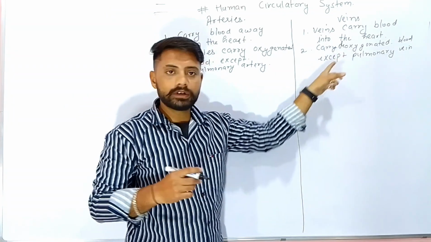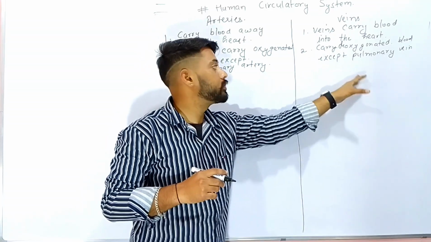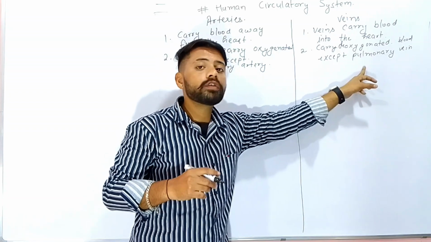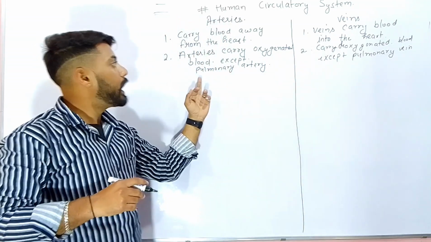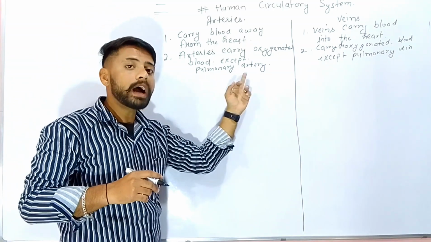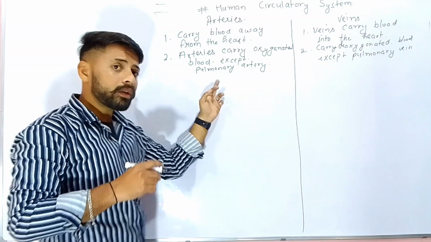And we have written here that veins mostly carry deoxygenated blood, except the pulmonary vein which carries the oxygenated blood, whereas in case of artery it is the pulmonary artery which carries the deoxygenated blood.